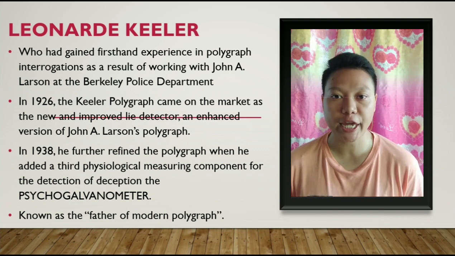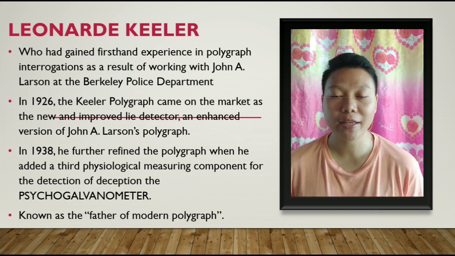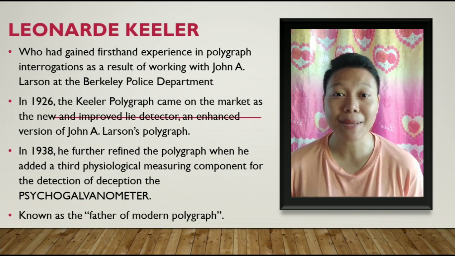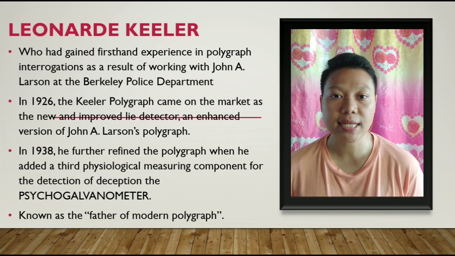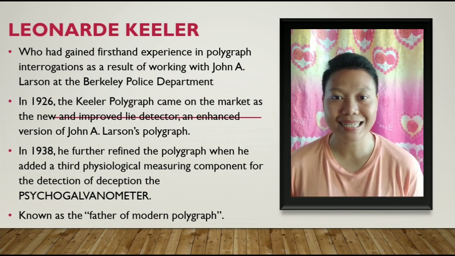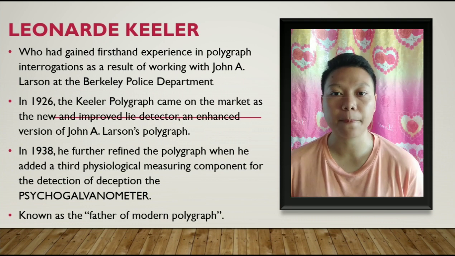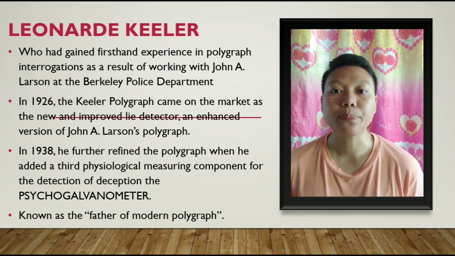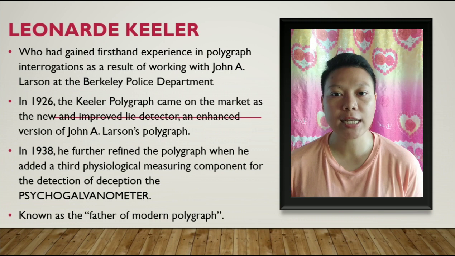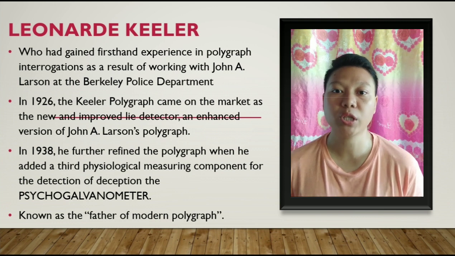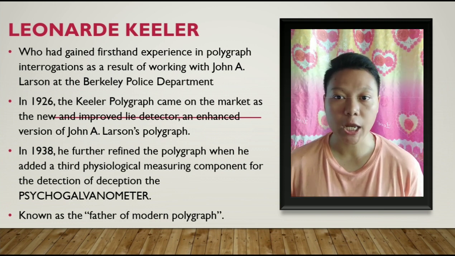In 1938, he refined the polygraph when he added a third physiological measuring component for the detection of deception, the psychogalvanometer, a component that measured changes in a subject's galvanic skin resistance during questioning, thus signaling the birth of the polygraph as we know it today.